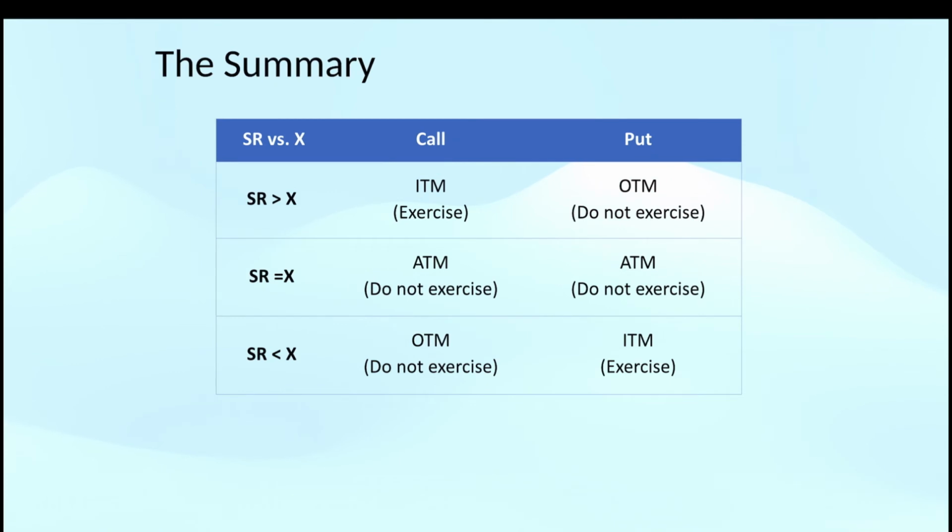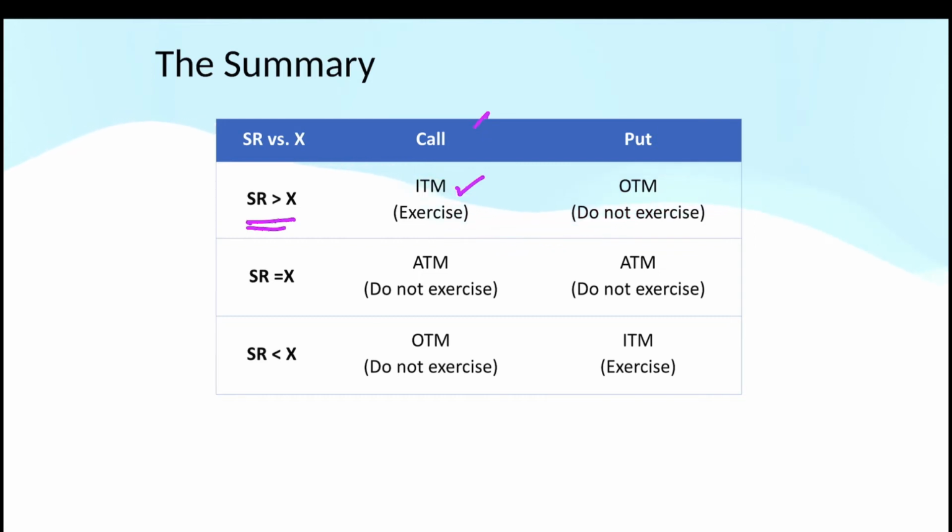Okay, so the summary for the option is that we compare the spot rate and the exercise price. For the call option, if the spot rate is more than the exercise price, it is ITM, in the money, so you should exercise.